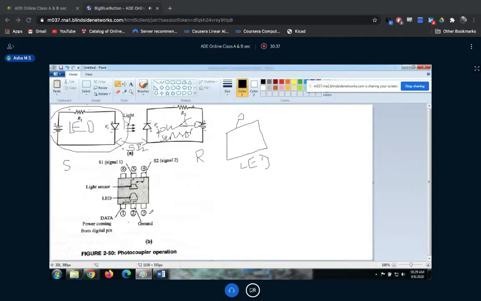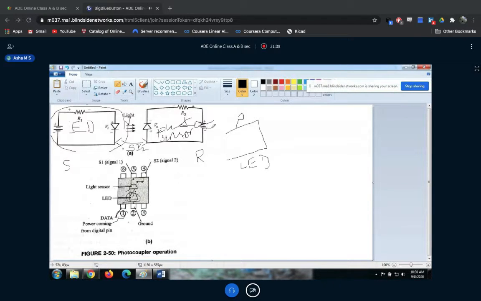What happens whenever you apply the power to pin number 1? If you apply the positive terminal of the battery, then this LED is in the on state and the light is going to emit. When the light is emitted, this photo sensor detects the light, converts light energy to electrical energy, and you will have the output voltage.